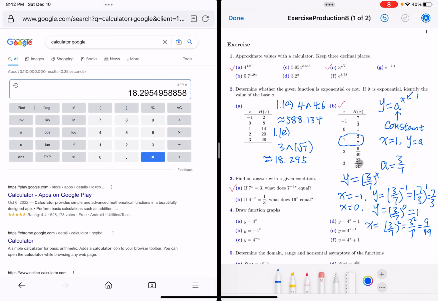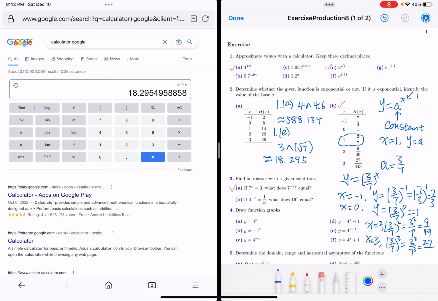How about the third one? That's exactly right. So here was 2. Let me write 2 here. Here, when x is 3, you have (3/7) cubed. That's 3 cubed over 7 cubed. 3 cubed is 27.